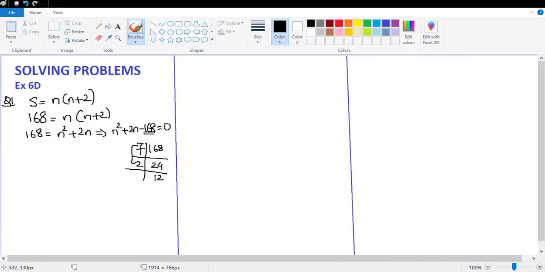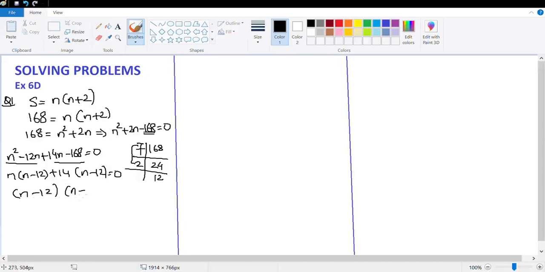This is 14 into 12, which will give me 168, and if I subtract them, they'll give me 2n as well. So it'll be n square minus 12n plus 14n minus 168 is equal to 0. Let's club this together. n times n minus 12 plus 14 times n minus 12 is equal to 0, which is n minus 12 times n plus 14 is equal to 0, which means n is equal to 12 or n is equal to negative 14.